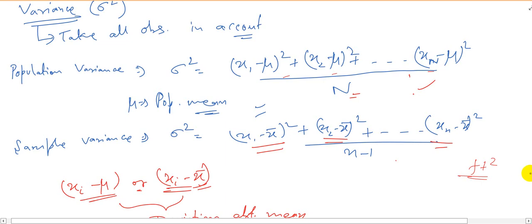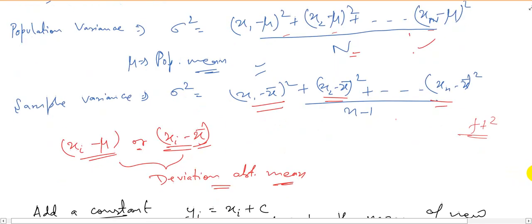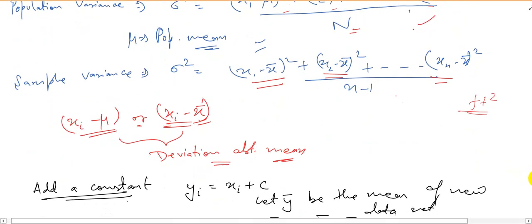If all the data is in centimeters or feet, and the variance comes in feet squared or meter squared, then we can't say that we have attained our aim to find the dispersion.